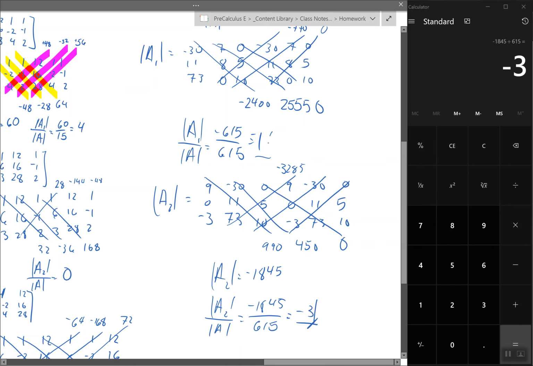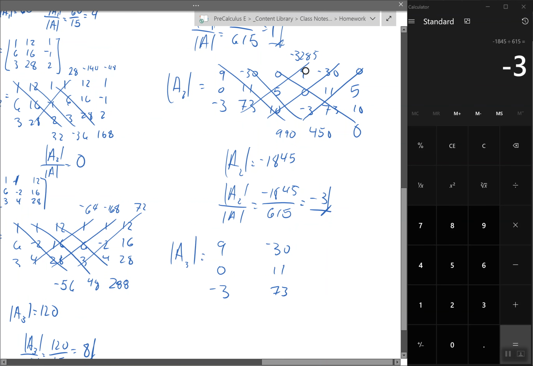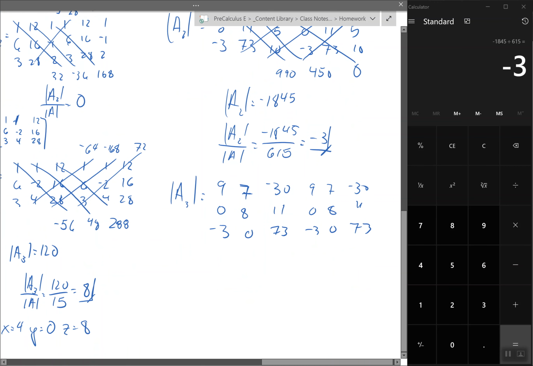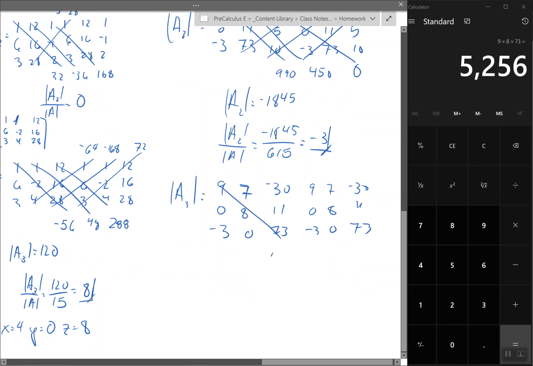Okay, so we had these crazy big determinant numbers, but they're all giving us simple solutions, so that's nice. And the middle column is back to the 780. So we have 9, 7, negative 30, 0, 8, 11, negative 3, 0, 73. So we get 5256, that's a big number.